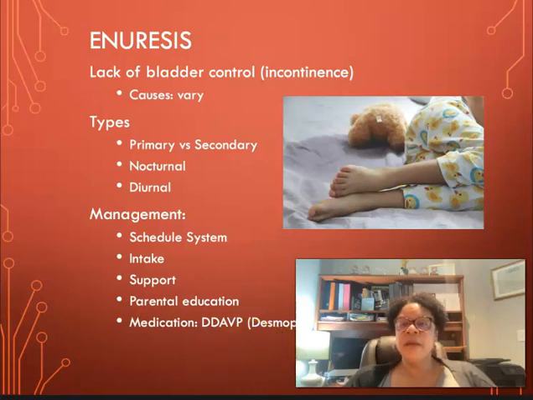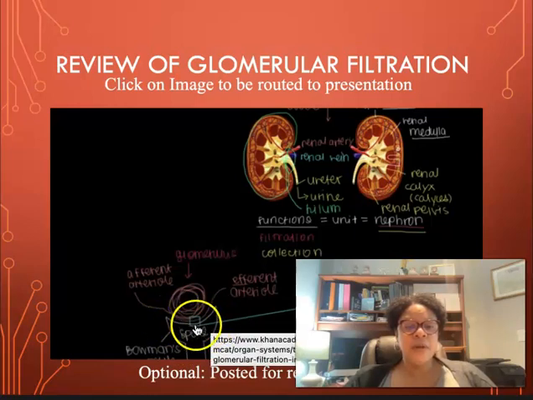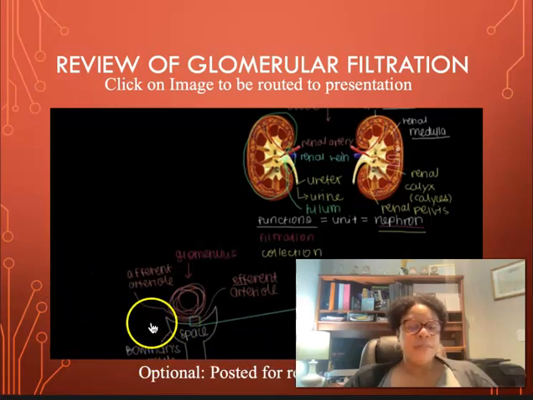All right, so next, you'll see this video, which is the video I talked about before, from Khan Academy. And I love right here, as you can see my cursor, is where we have that Bowman space. And that is where a lot of the conditions that we're going to talk about in a minute happen.